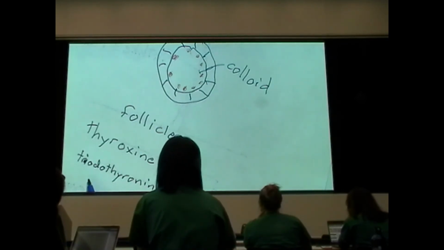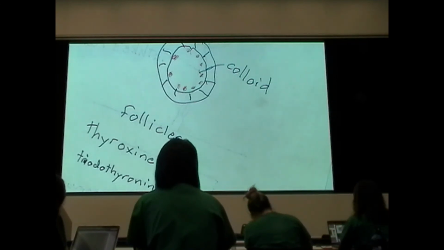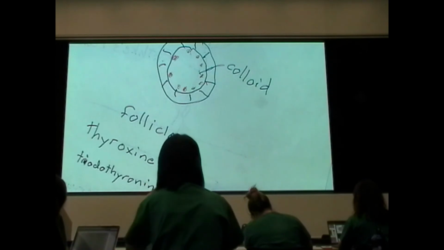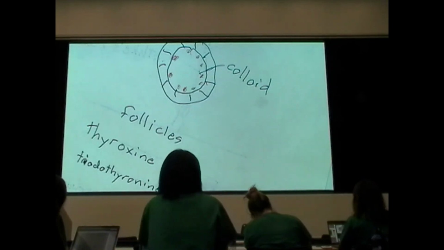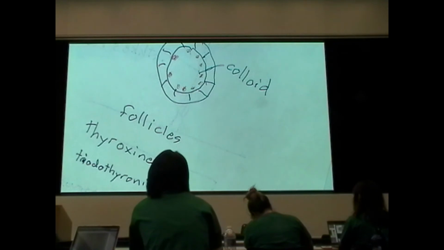Two different amino acids, both of which are iodized. And thyroxine has 4 iodides on it, and triiodothyronine has 3.